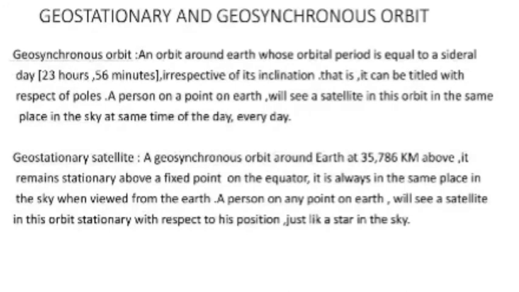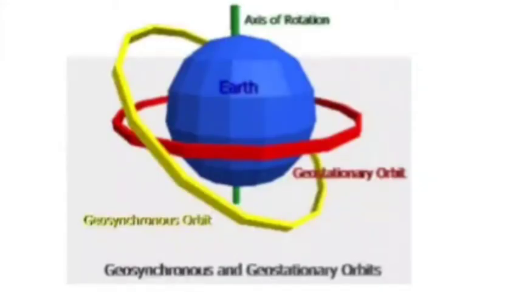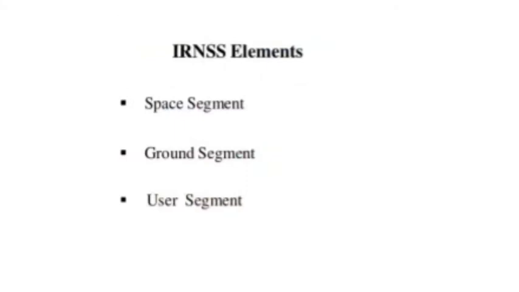Like a star in the sky, it rotates along with the Earth. These are the axes of rotation for the geosynchronous and geostationary orbits.